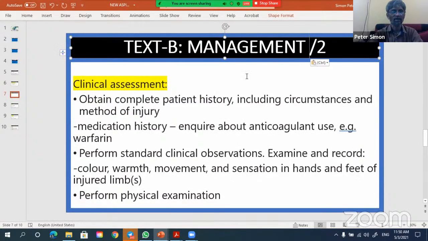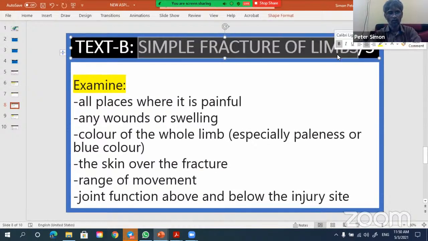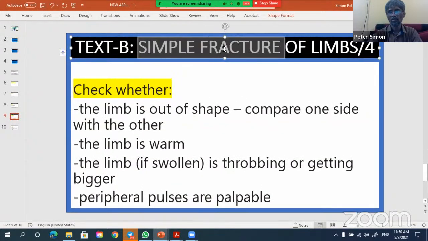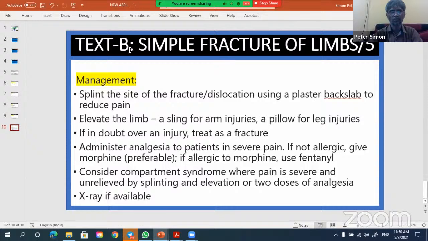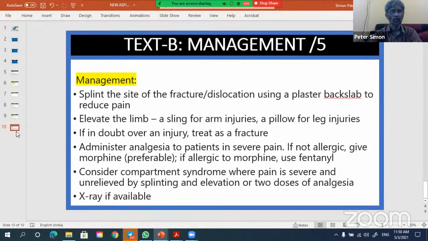So one word I have taken. Why so big? We know that it is simple fractures, no problem. I'm making it simpler. So management is the word. So second text is related to management. Fine. So next we are going to part C.